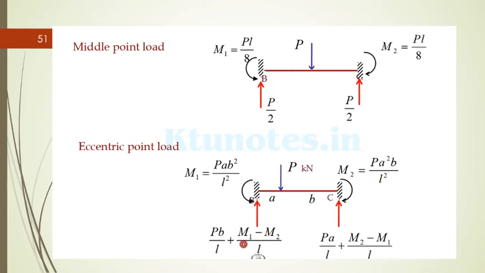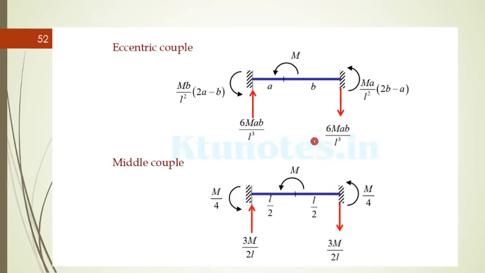Similarly, the reactions are Pb by L plus M1 minus M2 by L. The right support reaction is Pa by L plus M2 minus M1 by L. These reactions, the support reaction as well as the moment, have to be learned by heart. We already studied the derivations in the previous classes, that is the previous semesters, for the eccentric couple and for the middle couple.